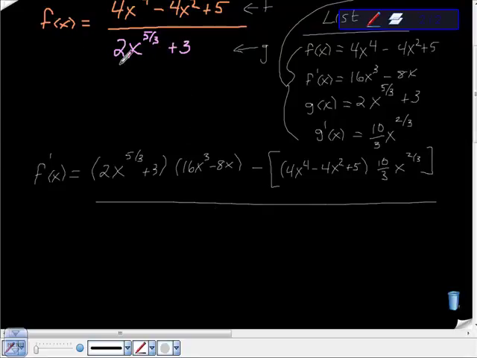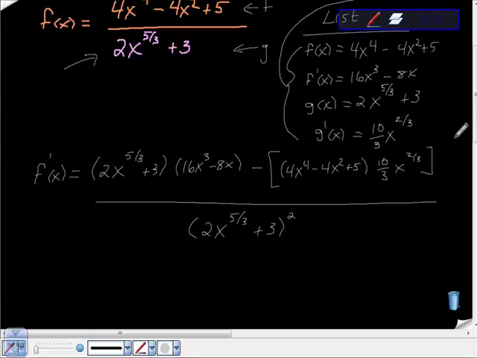So the bottom function is this one, and it says that it is 2x to the 5/3 power plus 3, and formulaically we know we're supposed to square that. So I'm going to go just check my math. I have the bottom function times the derivative of the top function minus the top function times the derivative of the bottom function, and we have that all over the bottom function squared.